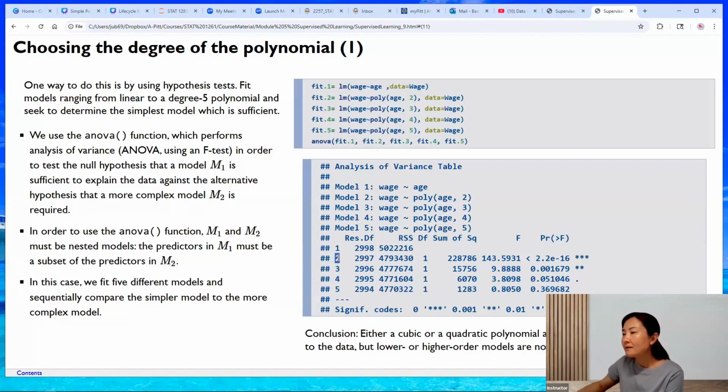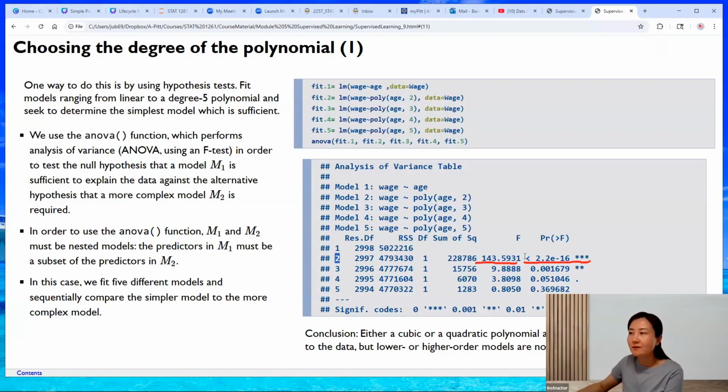And then the second model is fit 2. And you see the p-value of the F test is very significant. So this is the F statistic, and that is the p-value. So this means the square term is necessary, because by adding the square term, the model explains a lot of variation, right?